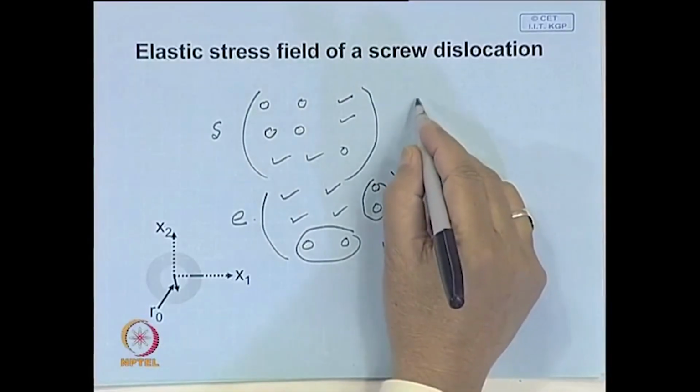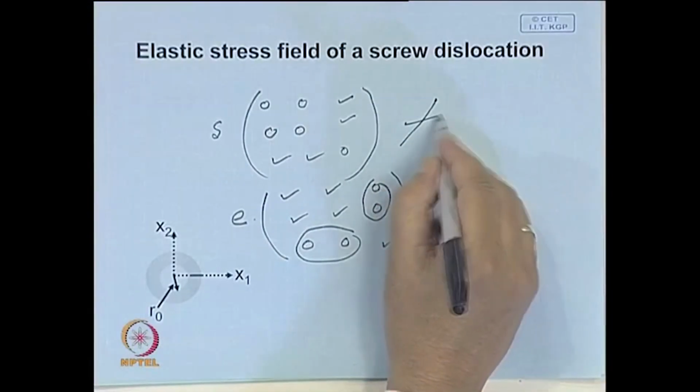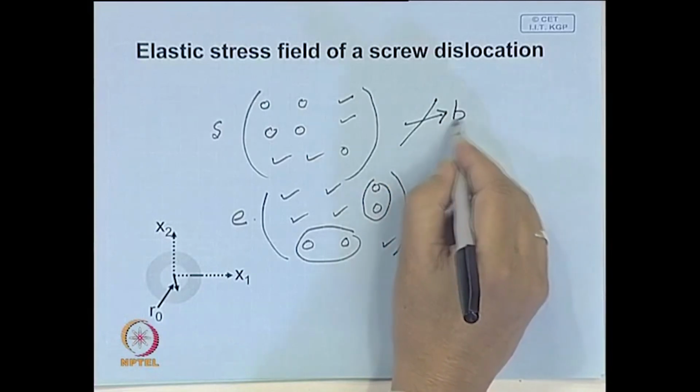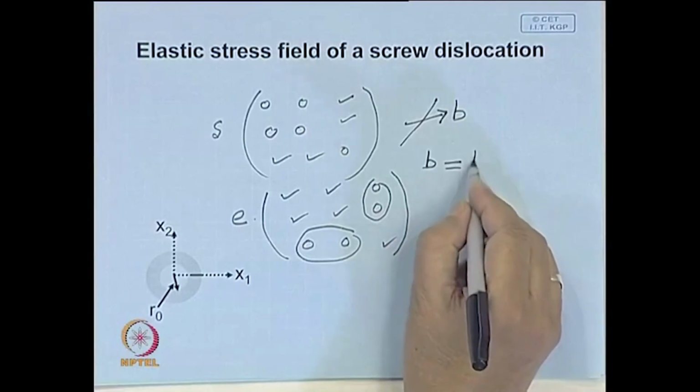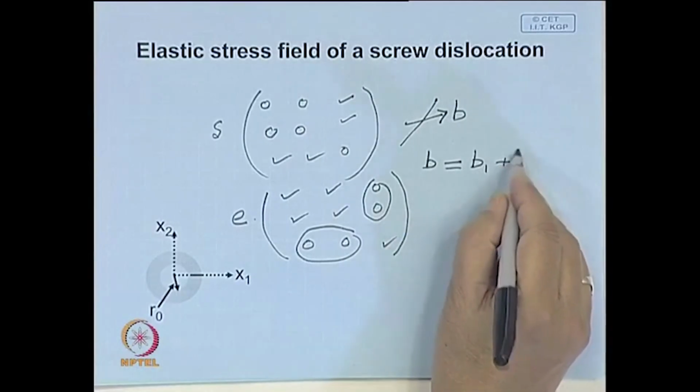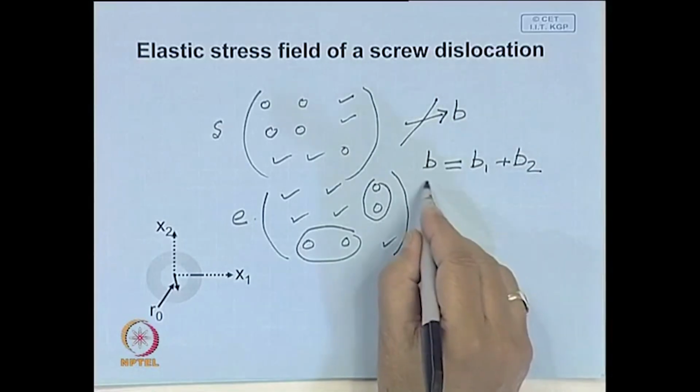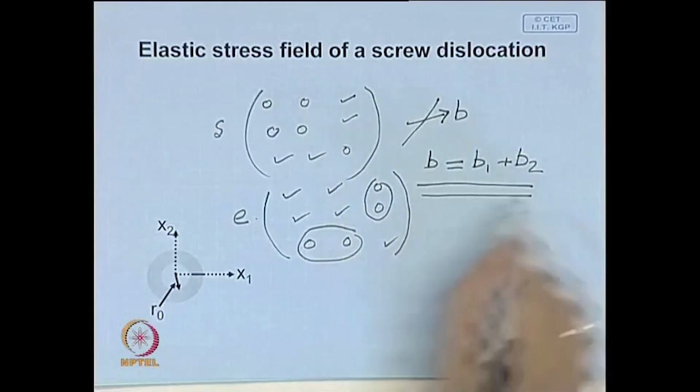So, to understand many of these dislocation reactions, we often approximate the dislocation energy. Say a dislocation has a Burgers vector b, and we ask whether it will break into 2. So, b breaks into b 1 and b 2. Now, will this be energetically favorable?